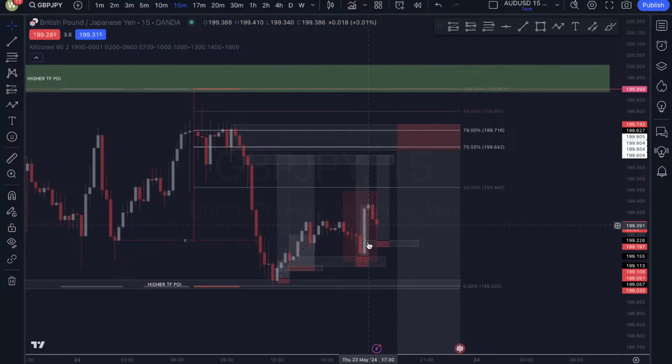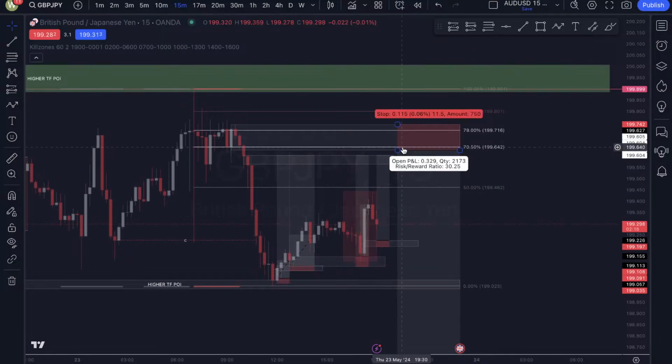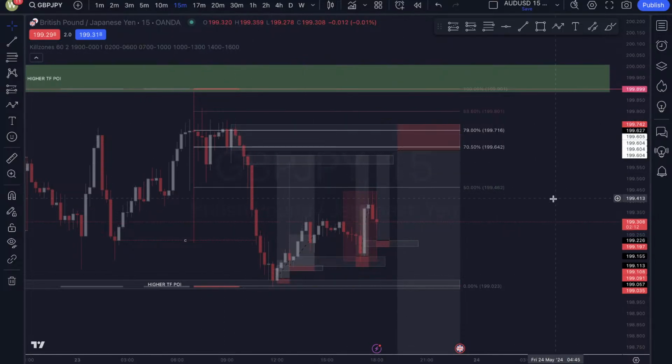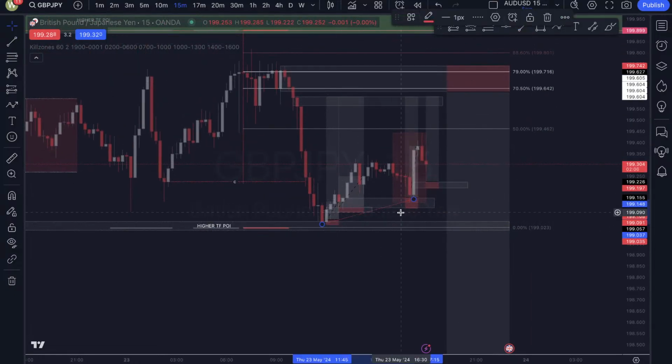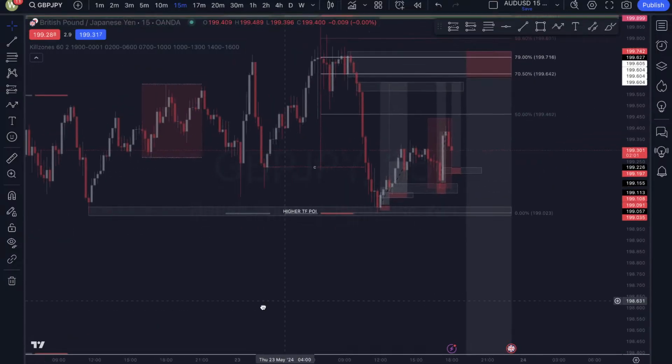So if Asia consolidates underneath this level for the whole of Asia, which it more than likely will, and then in London we get that initial push up thrust into our zone to mitigate this order block, we will see Asia lows get cleared out, see this liquidity get cleared out, and we will see this completely dump.